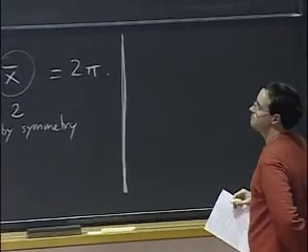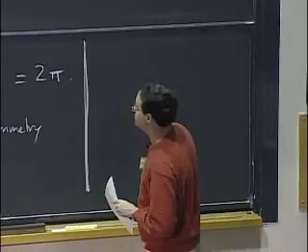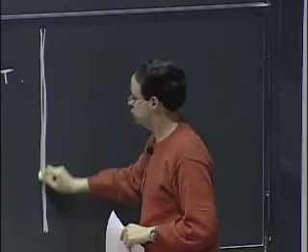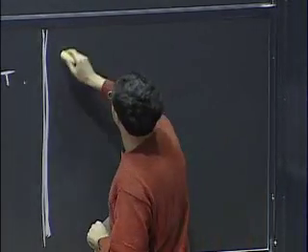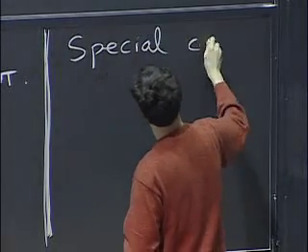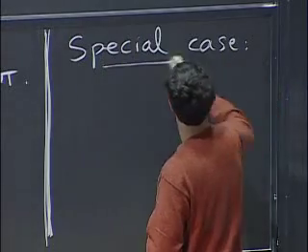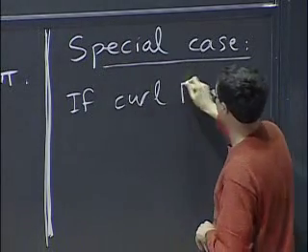Okay, so, well, let's start with an easy case where we should be able to know the answer to both sides. So let's look at a special case. Let's look at the case where curl F is 0.